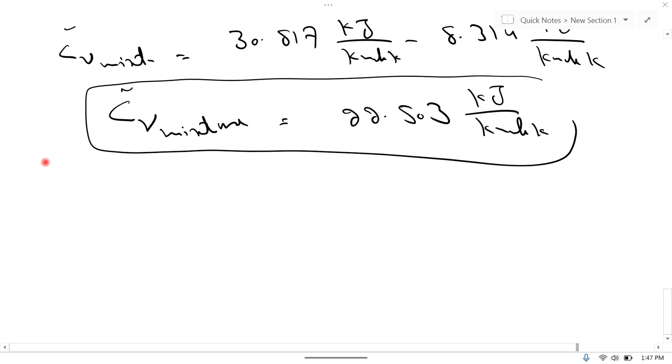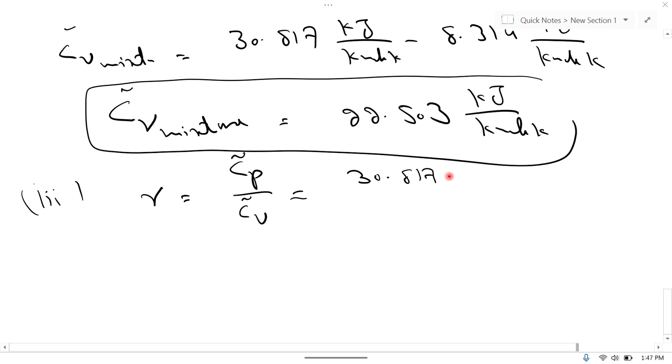Now part number 3, where gamma is needed. Gamma is equal to Cp dash divided by Cv dash.